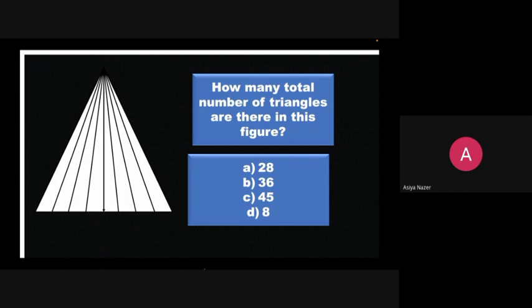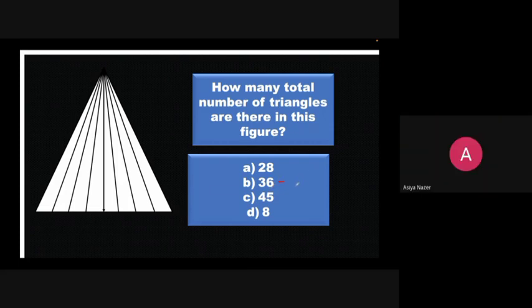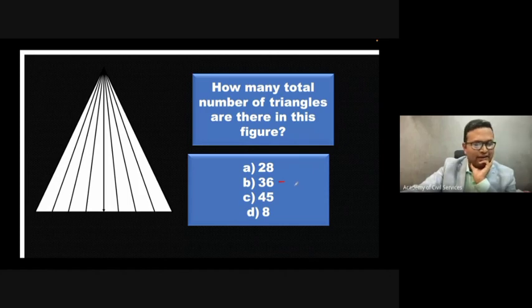36. Yeah, one answer came, 36. Anybody else? Whatever answer you are getting, you can tell me. What is your name, the person who said 36? Asia. Okay, thank you, Asia. Anybody else?